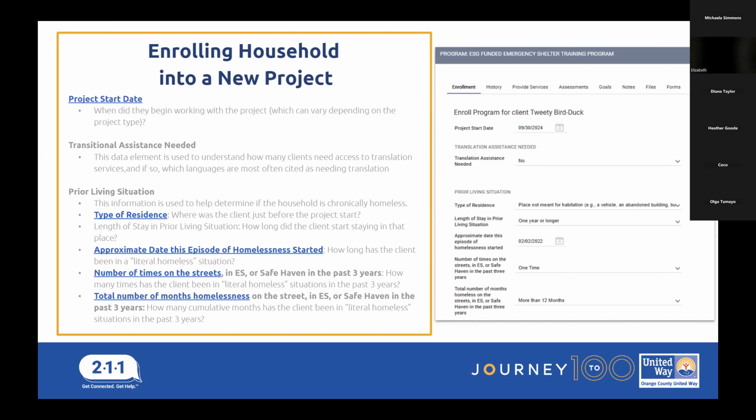Number of times on the streets, in emergency shelter, or safe haven in the past 3 years: how many times has the client been in literal homelessness situations in the past 3 years? Total number of months homeless on the street, in emergency shelter, or safe haven in the past 3 years: how many cumulative months has the client been in literal homeless situations in the past 3 years?